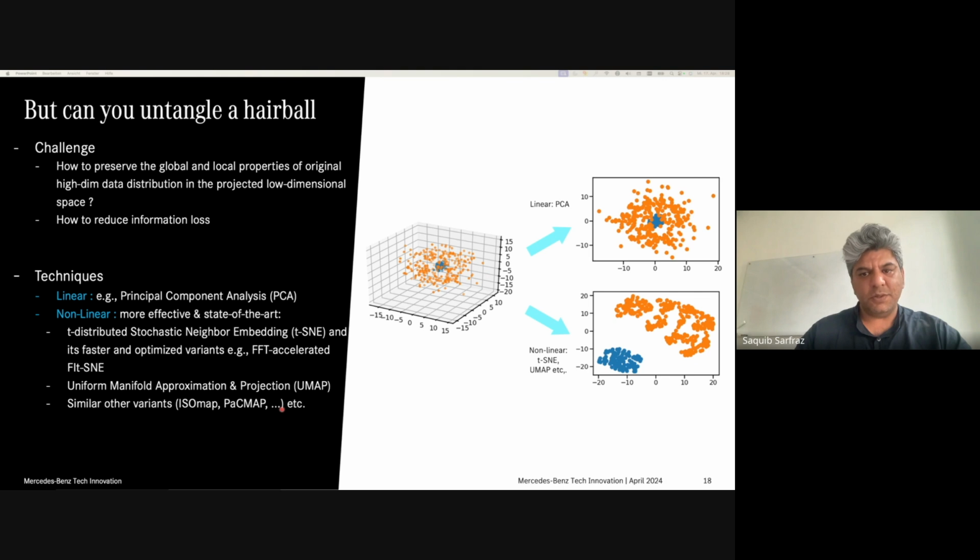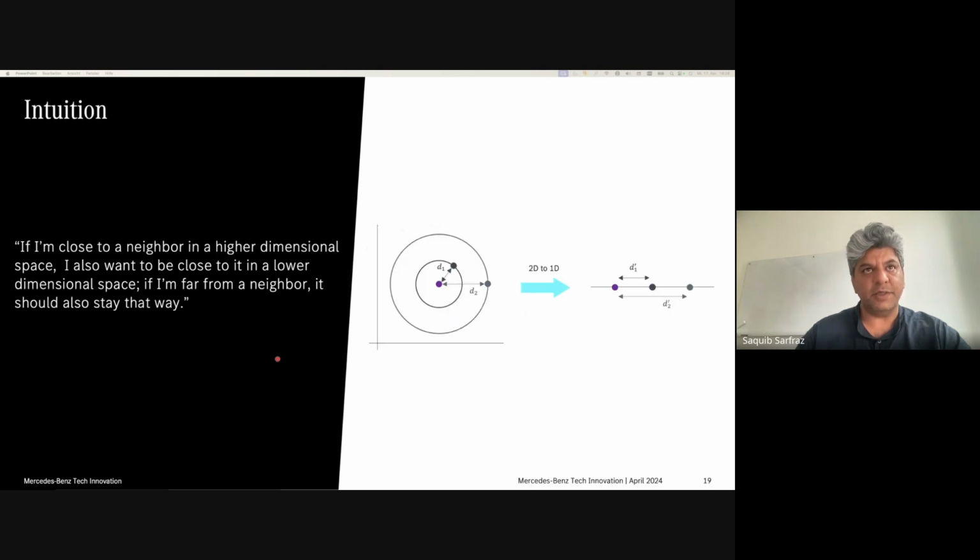I just want to give you a very quick idea of what all of these dimensionality reduction algorithms are basically doing. The intuition behind all of them is that if you are close to a neighbor in a high-dimensional space, you want to be close to it in the lower-dimensional space as well. And if you are far from it, then you should retain that property in the low-dimensional space.